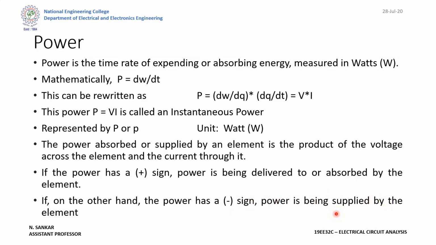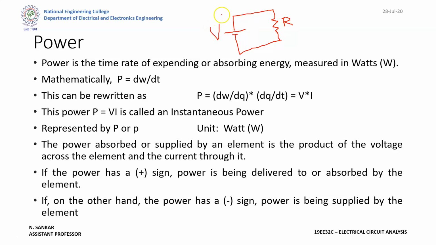For example, let us have a voltage source here, or else just take this as a battery. The battery is connected to a load called a resistive load. We know R is our load.